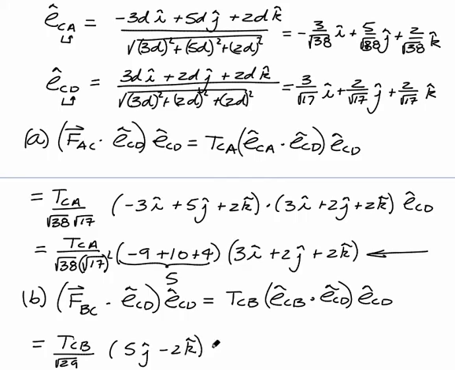The unit vector is going to be a 3i plus 2j plus 2k, and I have the square root of 17 that comes out of that.